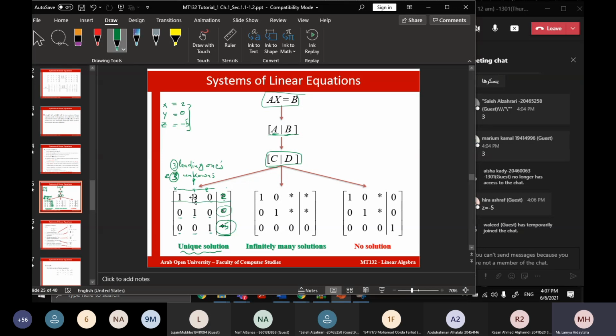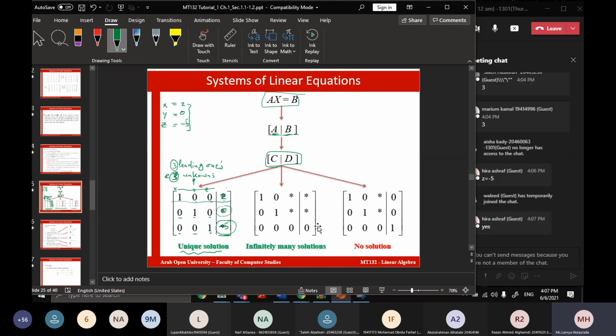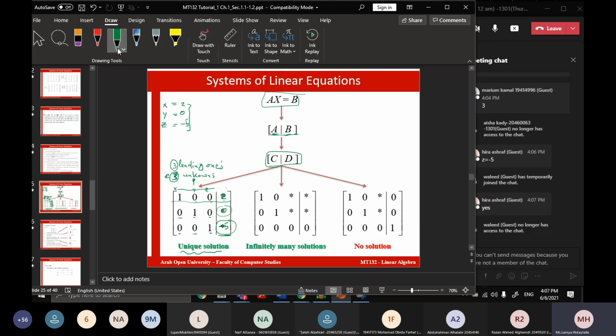In this case I will have a unique solution, and you can easily get the solution like that. Is the first one clear? Okay, now the second case: if the number of leading ones is less than the number of unknowns. How many leading ones do I have here?